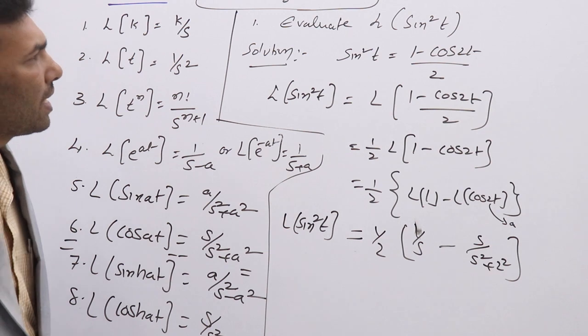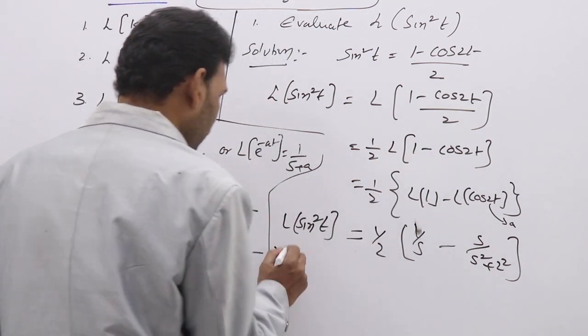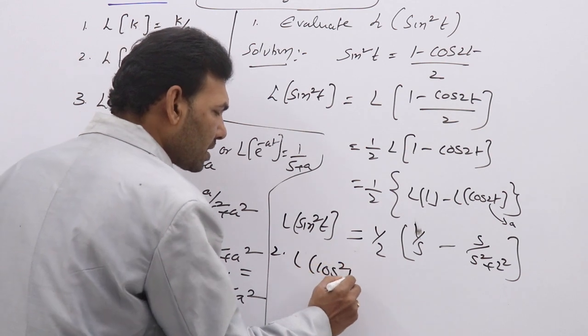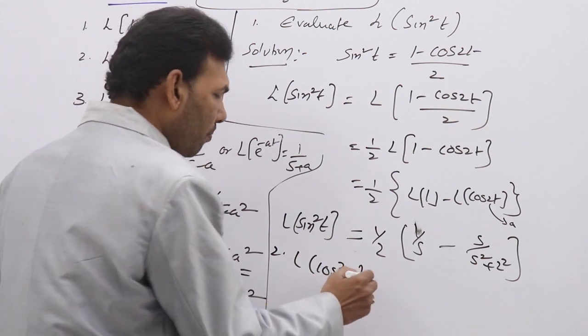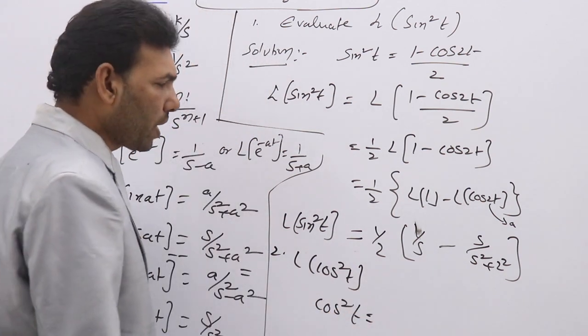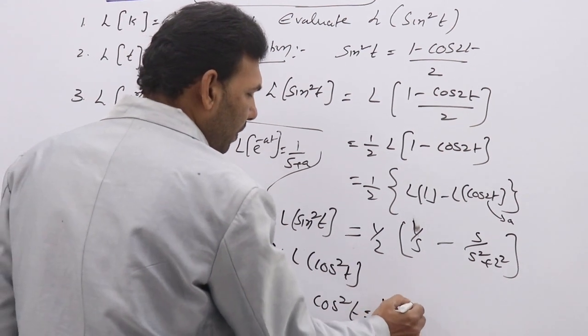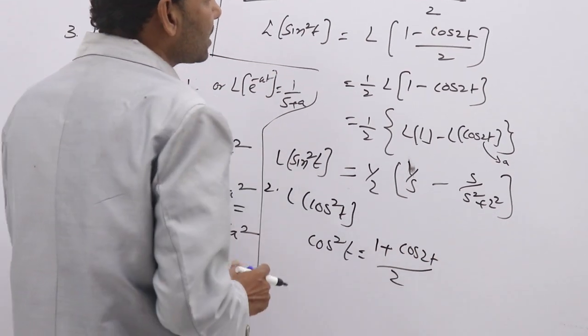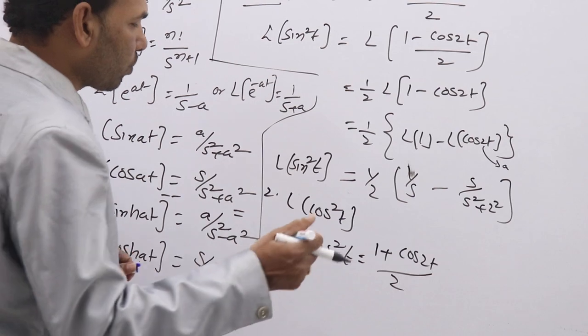Similarly, one can easily evaluate cos square t also. To evaluate L of cos square t, the same procedure you need to follow, but you need to use this formula: cos square t equals 1 plus cos 2t by 2. This is the formula we are going to use.